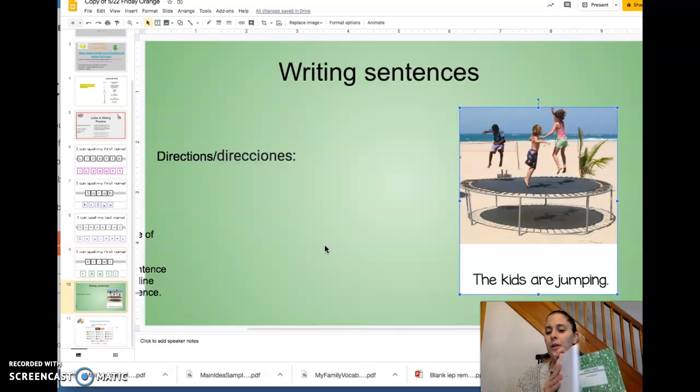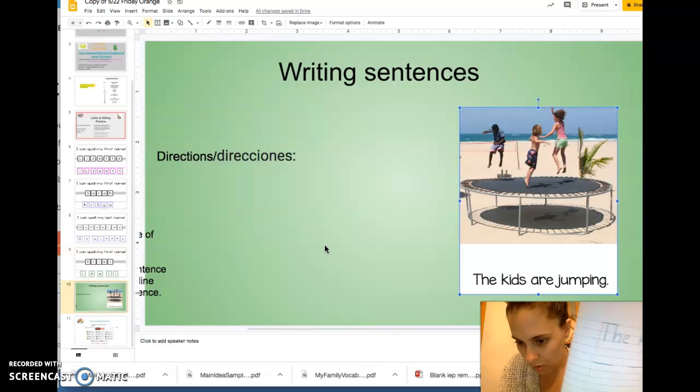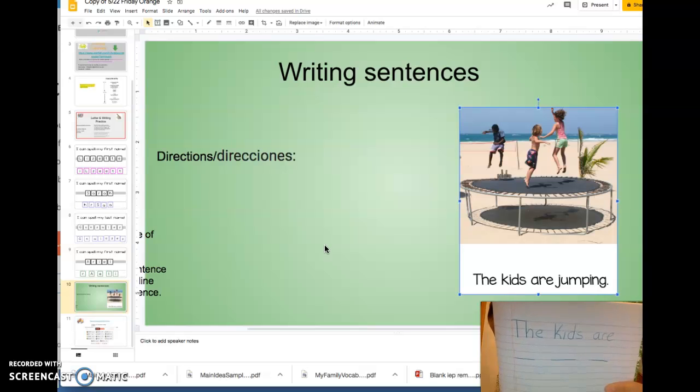So I should have this done. You're going to write the kids are jumping, so they'll know to write that word. And please, if you're using a notebook, use 2 lines so they could start writing.